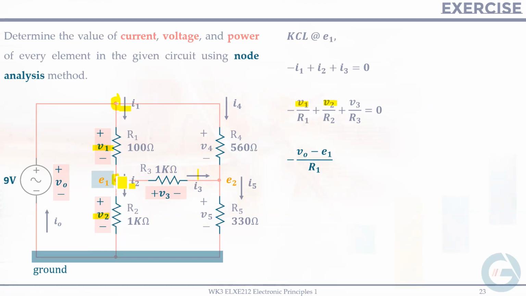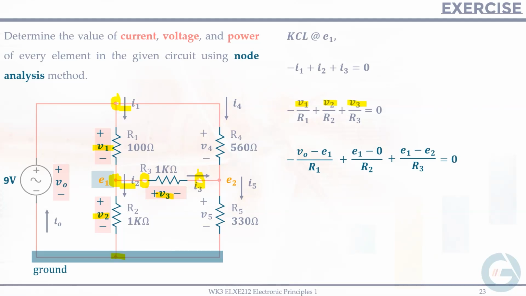So the difference between terminal, which is E1, and the ground, which is 0. E1 minus 0. Next is V3. So where's V3? This one. So the difference between terminal E1 and E2. So your V3 is E1 minus E2. So the summation of these terms is equivalent to 0.